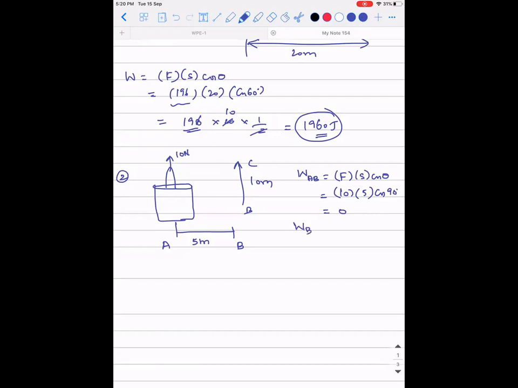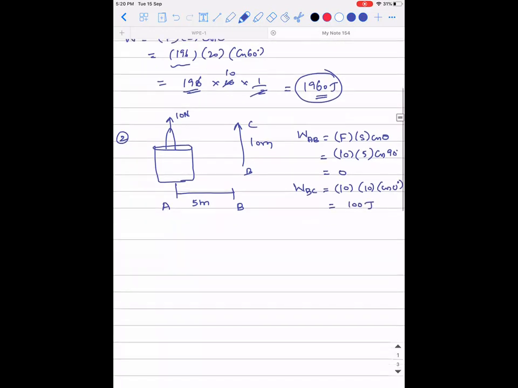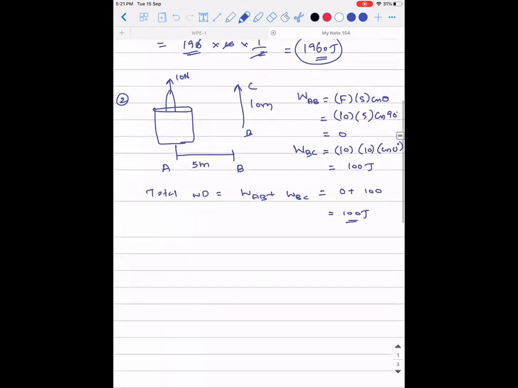Work done from B to C is how much? 10 into 10 into cos 0 degree, that will be 100 joule. So total work done is equal to work done from A to B plus work done from B to C. That is 0 plus 100, that will be 100 joule. So this will be the required answer.